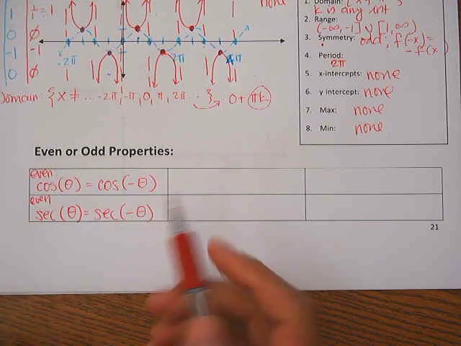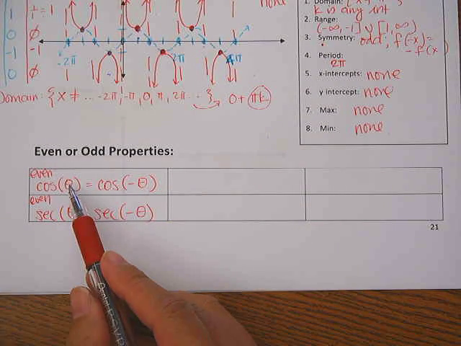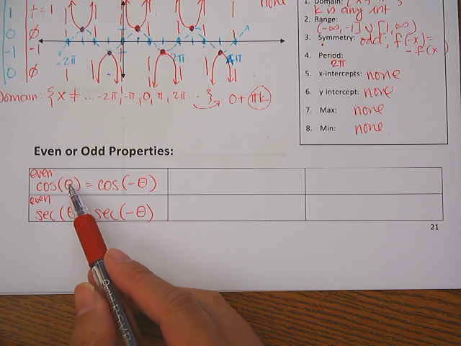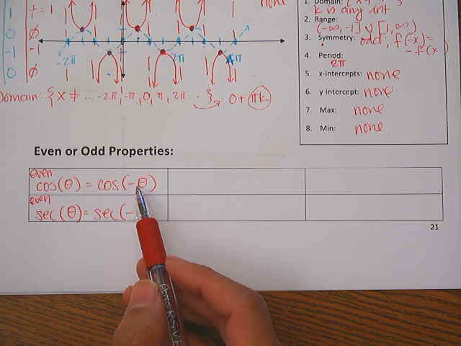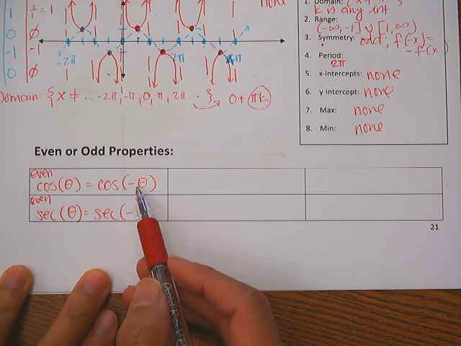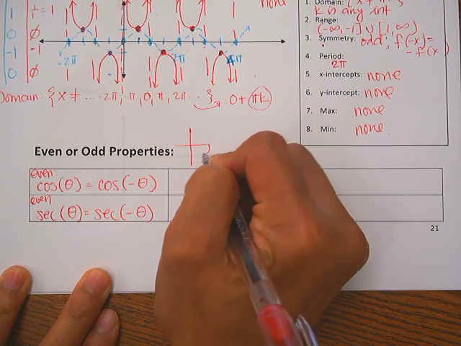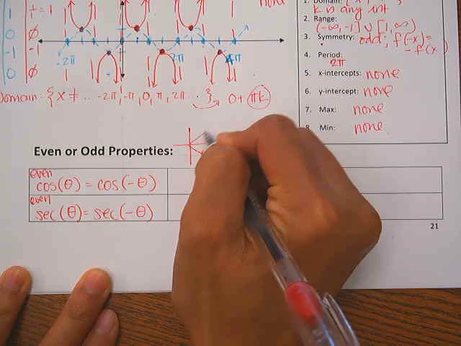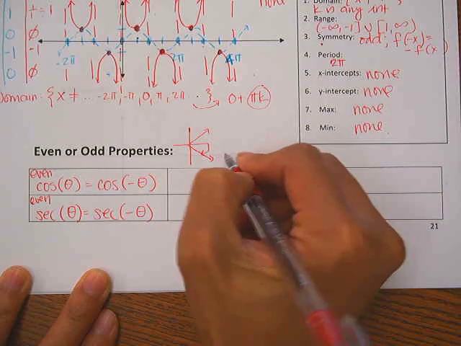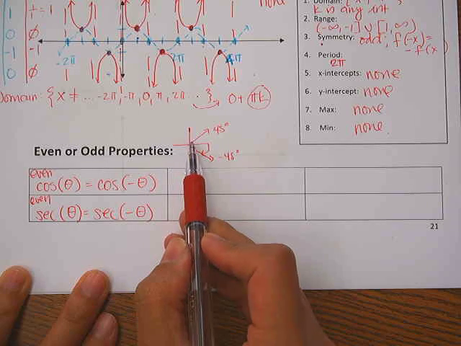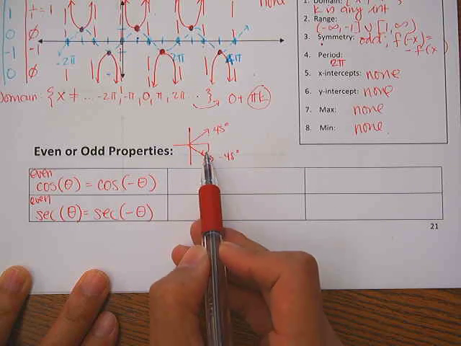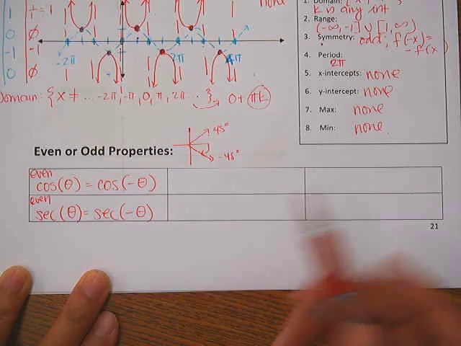For example, cosine of 45 degrees, hopefully we all know by now, is rad 2 over 2, which is the same thing as cosine of negative 45 degrees. Negative 45 degrees and positive 45 degrees: x is positive in both quad 1 and quad 4. That's why both of these are even functions.